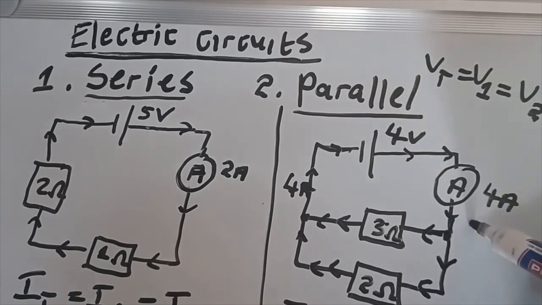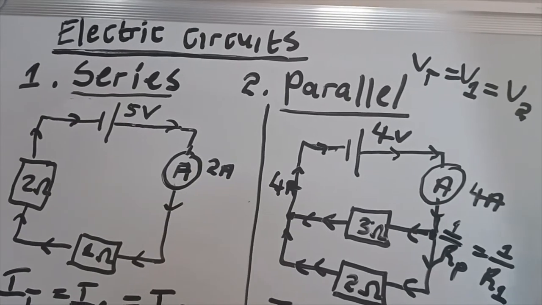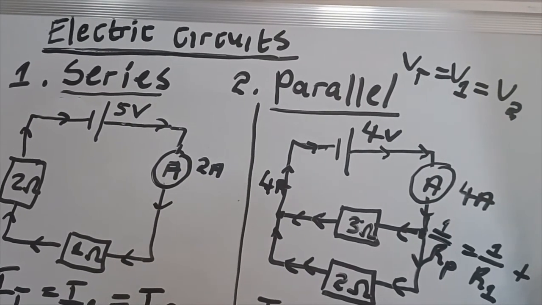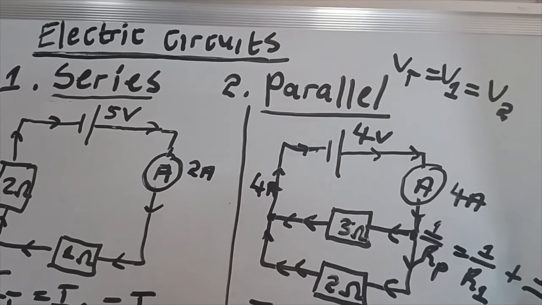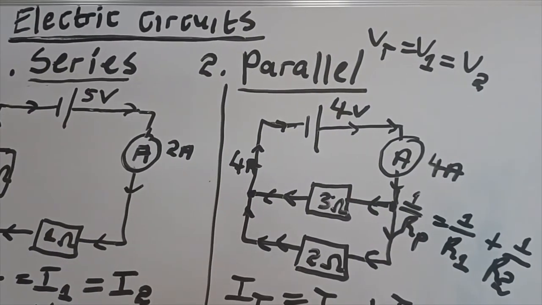So we're going to say 1 over the resistance of the resistors in parallel is the same as 1 over resistor 1 plus 1 over resistor 2. Okay, so this is what I'm trying to say. So 1 over Rp, resistors in parallel, equals 1 over R1 plus 1 over R2.